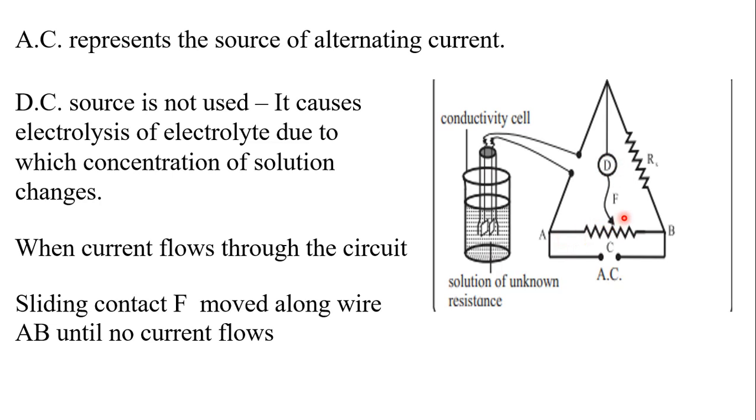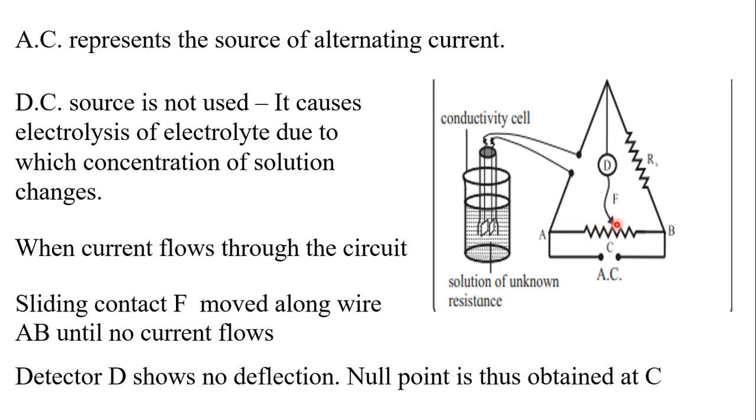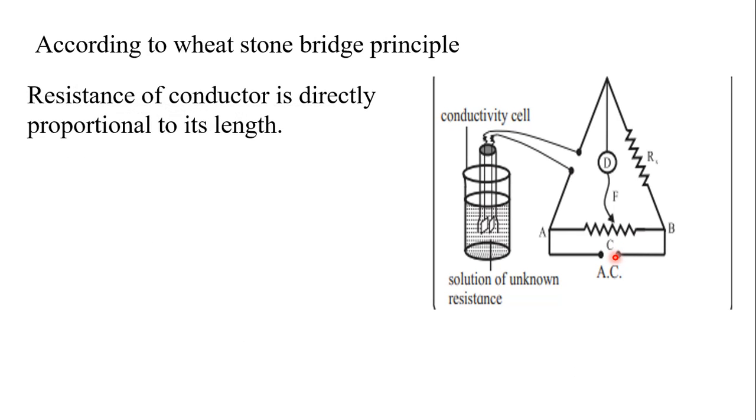That point is called the null point or balance point. Suppose it is at point C. Then the length AC is measured, and that is proportional to the resistance of the solution inside this beaker.